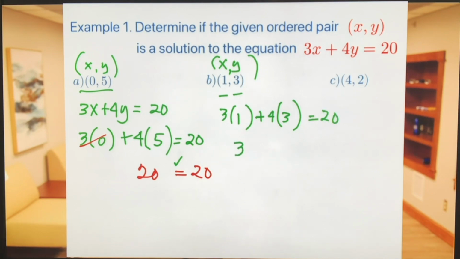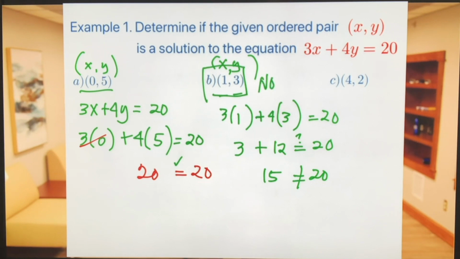So 3 times 1 is 3, 4 times 3 is 12, so 15 is not equal to 20. So this is a false statement. So we say that the point 1, 3 is not a solution, meaning this point does not lie on the line or the graph of 3x plus 4y equals 20.